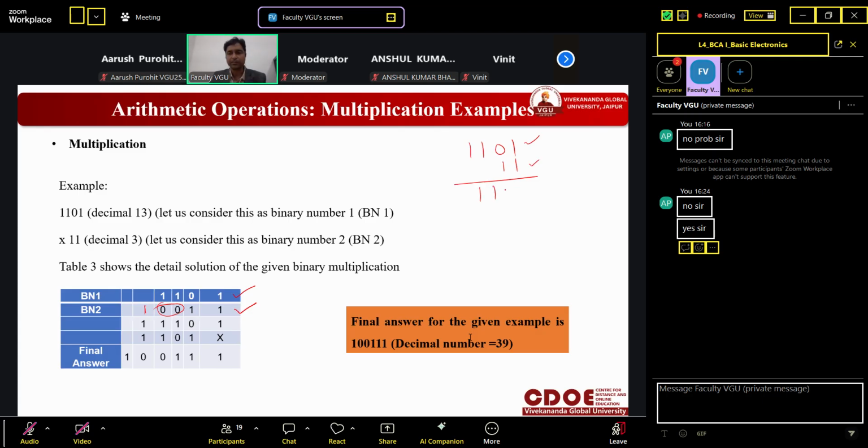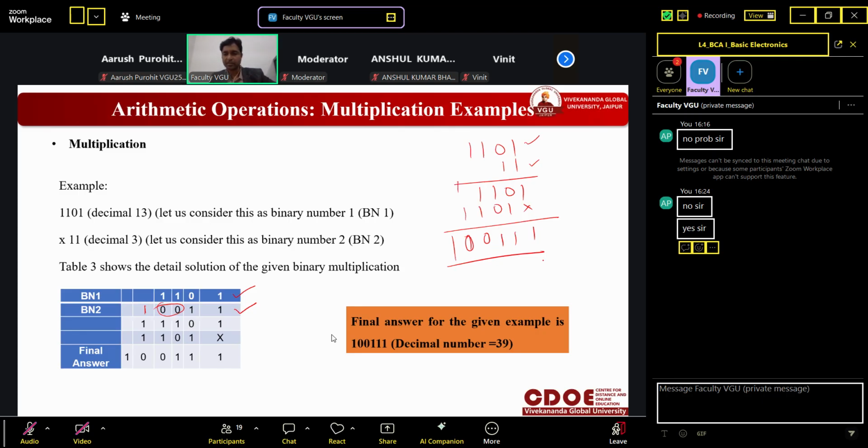So the first one will become this, and the second number will become this. Add this: 1, 1, 1, 0, 1 carry, right? Sorry, 1, 1, 0, and 1 carry. Okay.